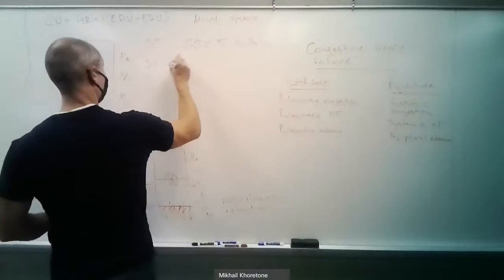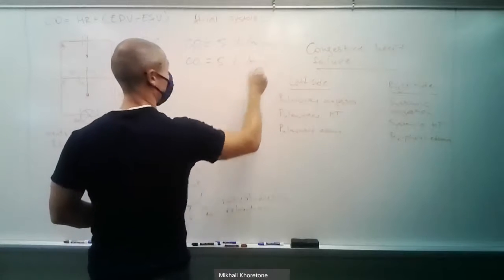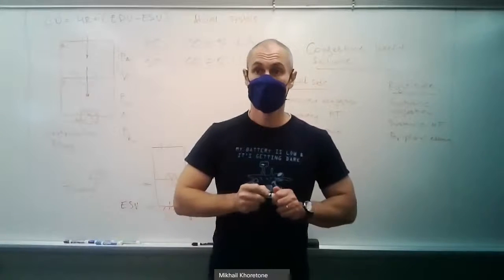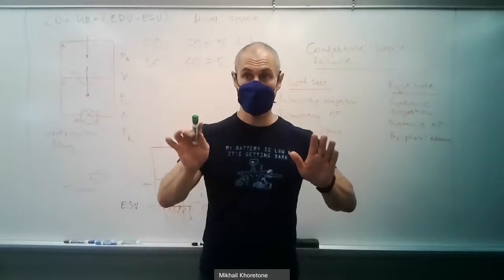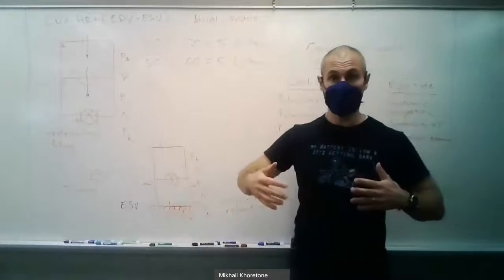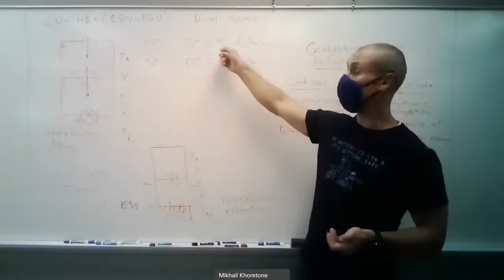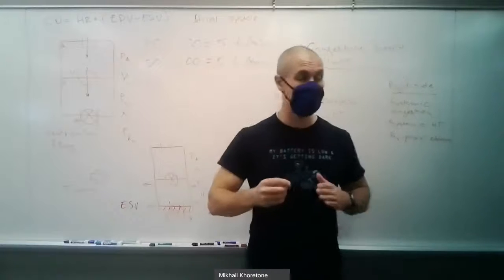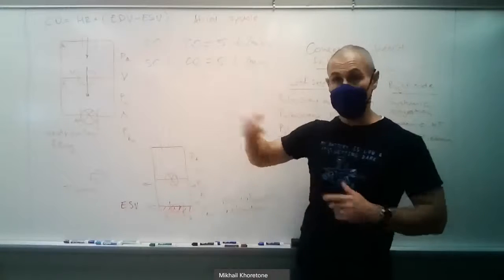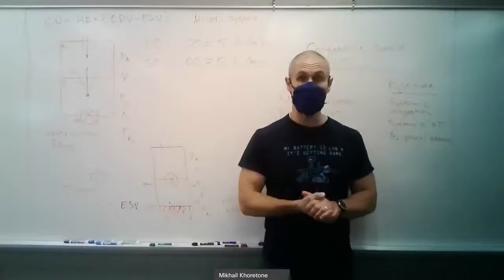Systemic circuit: cardiac output equivalent to 5 liters per minute. Does that make sense? Now, why? Because both sides of the heart work synchronously. They have the same volume of blood in each circuit, and they have to pump that volume through the circuit in 1 minute. That's the definition of cardiac output.